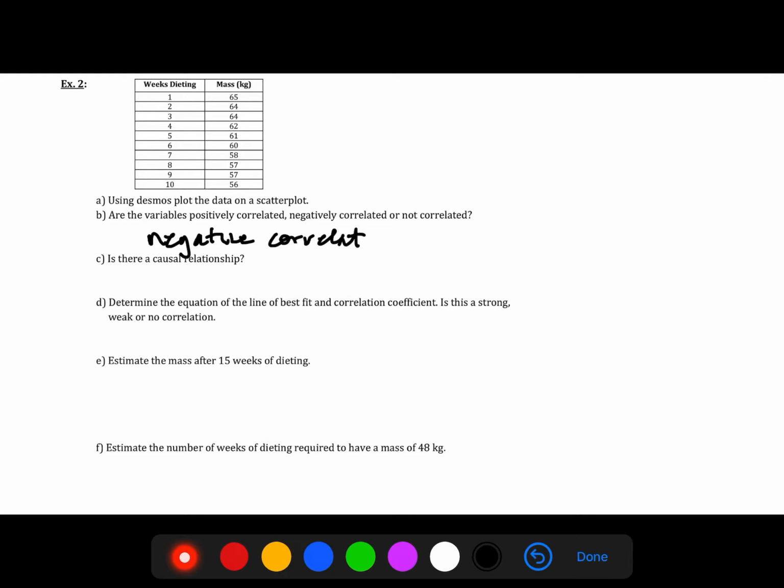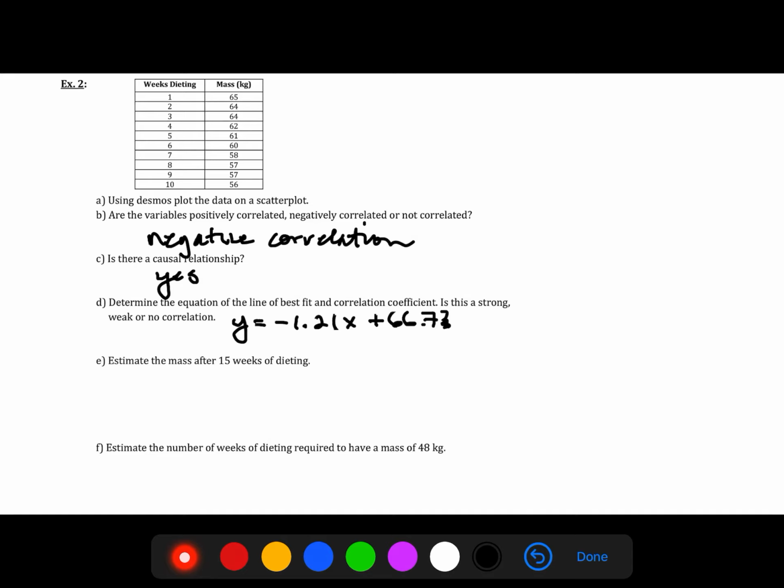So let's take this back to our question. Are the variables positively correlated, or negatively? There is a negative correlation. As the number of weeks dieting increases, mass decreases, and there is a causal relationship. So dieting causes an effect on the mass.